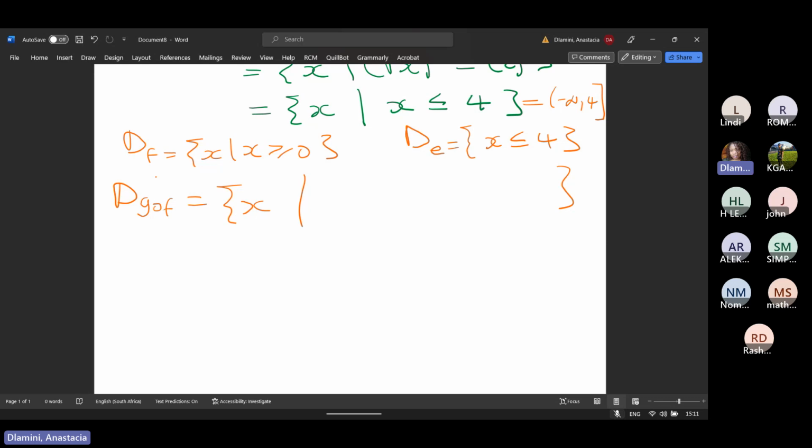I have my two domains, the domain of the inner function and the domain of the expression of the composite function. So how do I find the domain? You say 0 is less or equal to x, less or equal to 4.